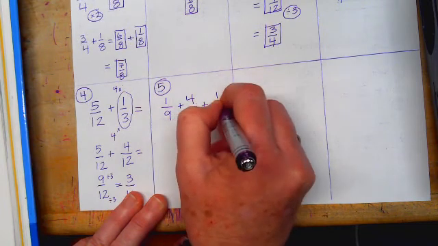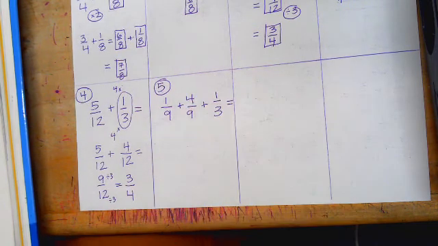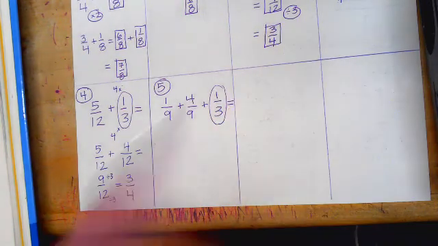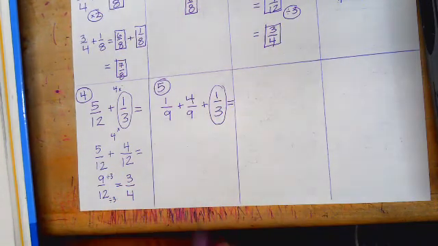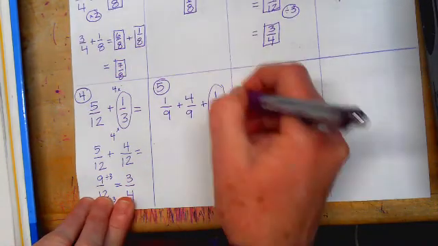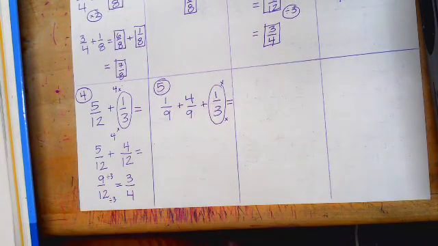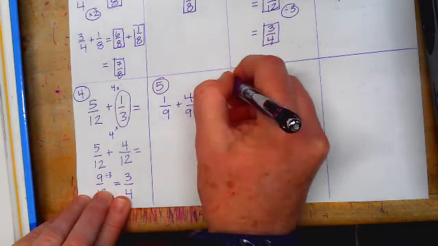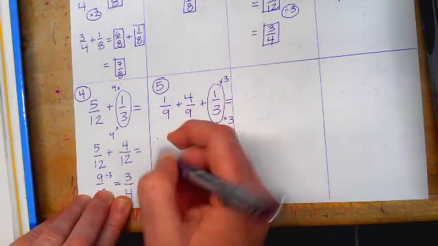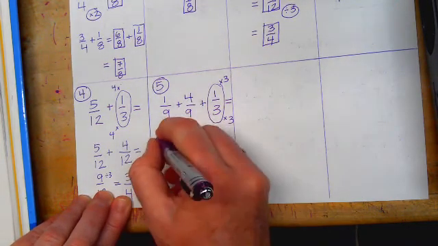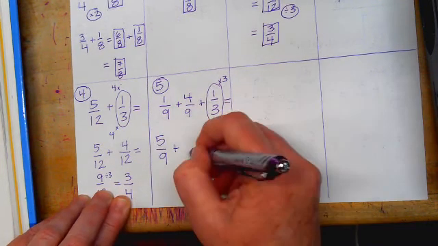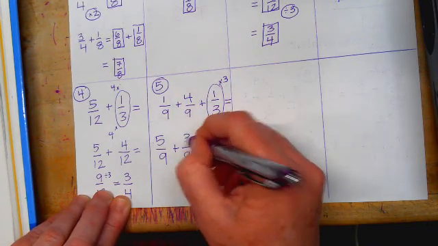All right, let's look at number 5. They're giving us a triple again. 1/9 plus 4/9 plus 1/3. The one I'm going to have to change is this one right here, right? So what can I multiply the top and bottom by to equal 9? 3 times 3 equals 9.